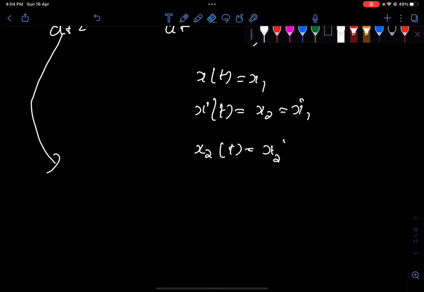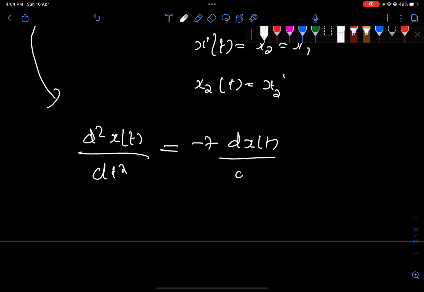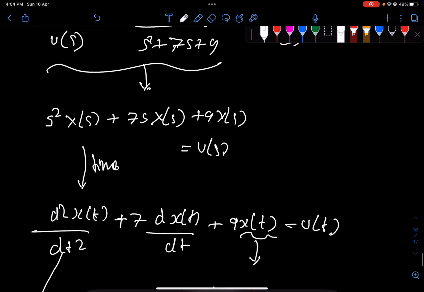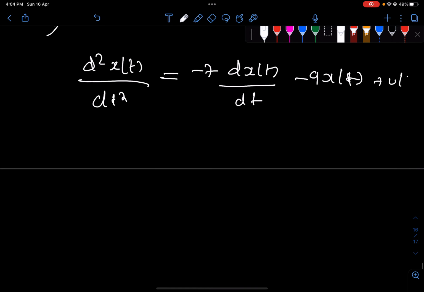Let me rewrite. The second derivative equals minus 7 times the first derivative, minus 9 x(t), plus u(t).